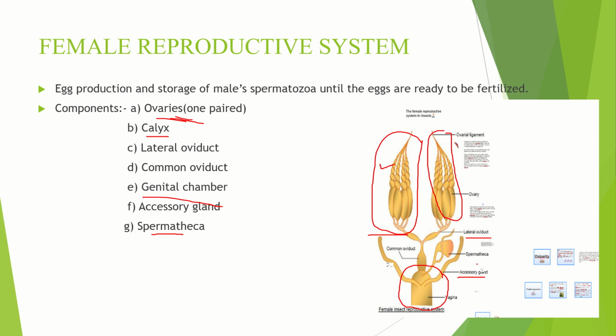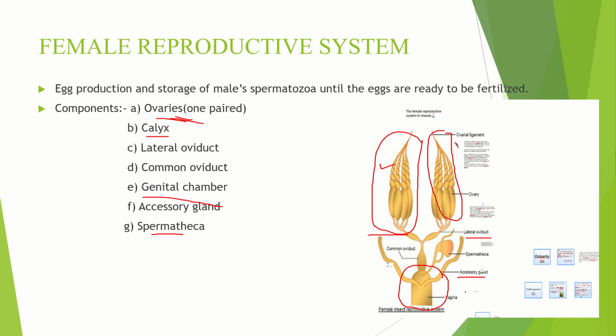The spermatheca is a single sac-like structure, and a slender duct is also present. Next is the accessory gland. There is one pair of accessory glands in insects, also called the collateral gland or the semen gland, because their secretions surround and protect the eggs or cement them to the substrate.